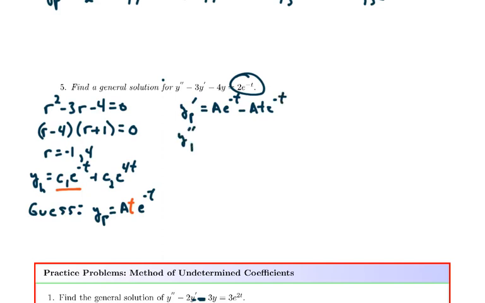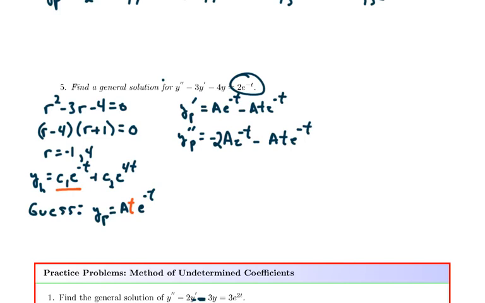And y double prime, this is the product rule that I'm using here. We've got minus a e to the negative t, minus another a e to the negative t, which I'm going to throw in here, making there 2 of them. And then also minus, let's see, we've got a t e to the negative t.